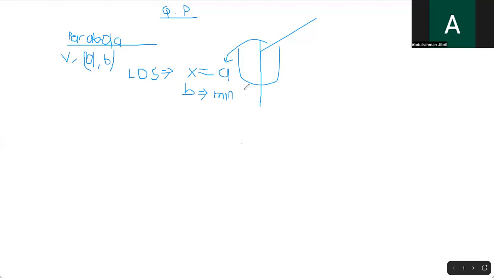Minimum or maximum value. So I guess now we are clear. So we can now find the line of symmetry of a parabola. We can also find the minimum or maximum value of a parabola.